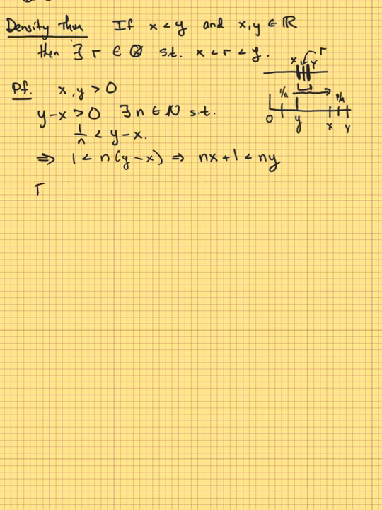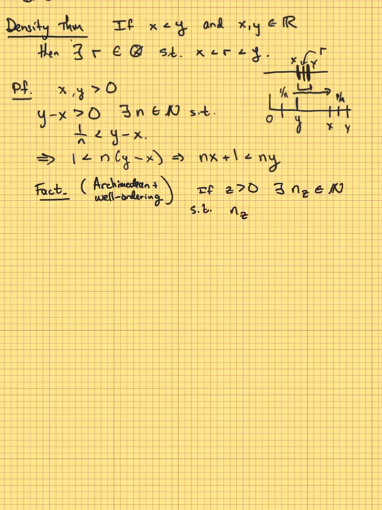Okay, so we now need a fact, which comes from the Archimedean property plus well ordering. For any positive real number z, there exists some natural number n so that this z, this real number, whenever I don't write where z is, if I just write z is greater than 0, I'm always assuming it's a real number.